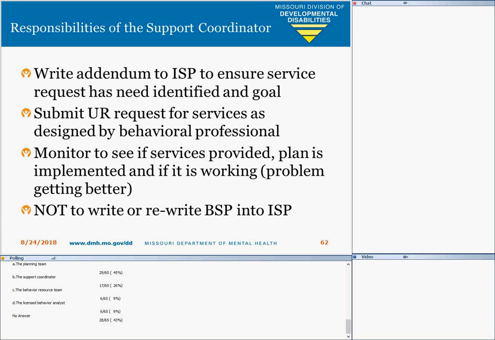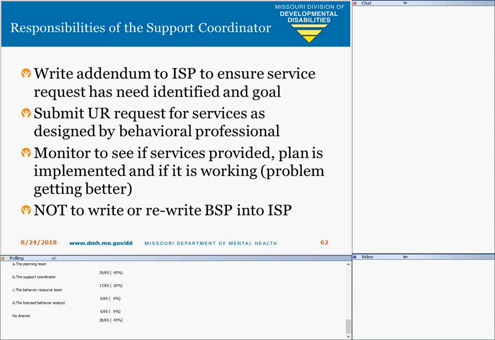First, the responsibilities. The responsibility of the support coordinator is to write an addendum in the individual support plan to ensure that the service, when it's requested, has an identified need and goal specified. Also, submit to utilization review the request for services as designed by a behavioral professional.